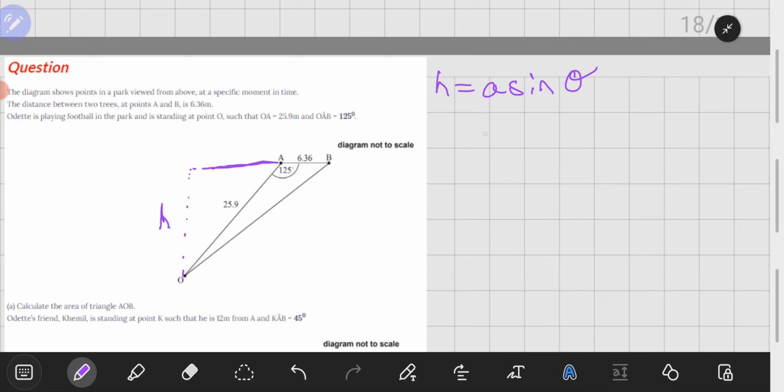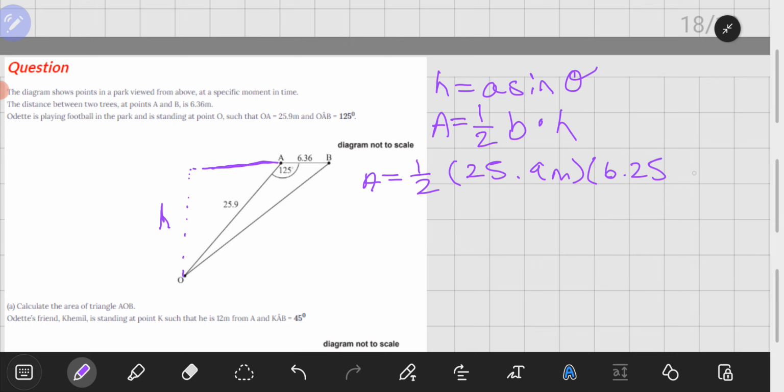We know that area is equal to 1/2 base times height, so if we substitute our values into this equation, we get area equals 1/2. We have our base, 9 meters, and our height, which we calculate using our equation, is 5.